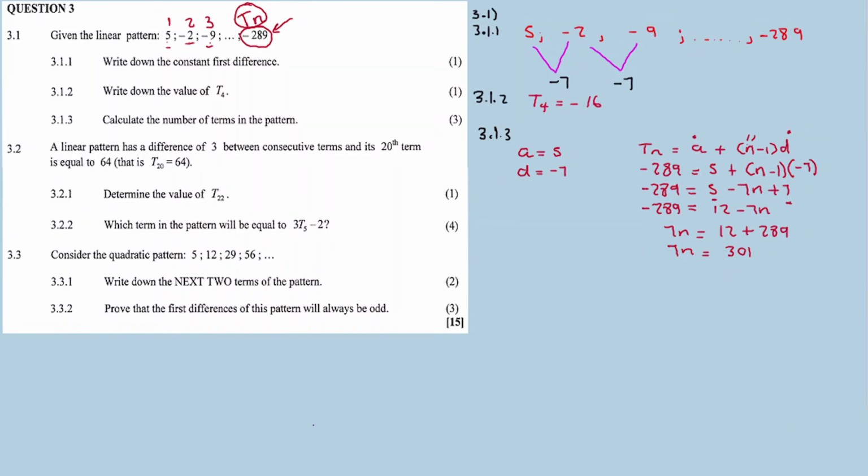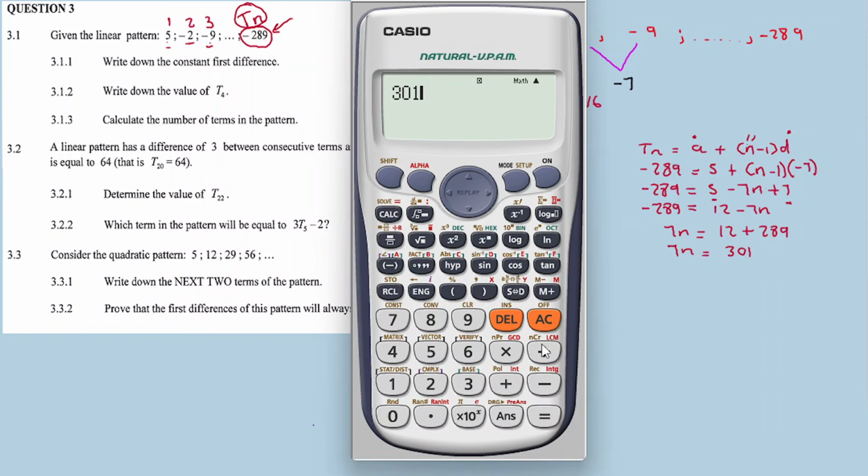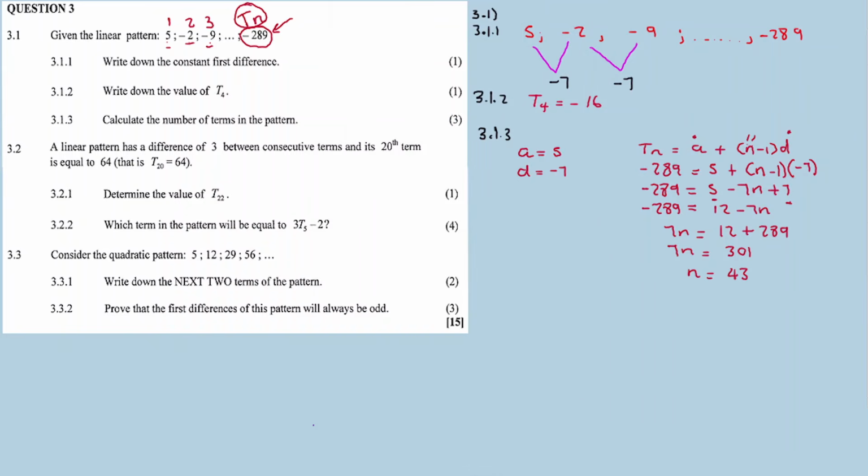Dividing both sides by 7, we get n. So 301 divided by 7 is equal to 43. So n is equal to 43 in this case.